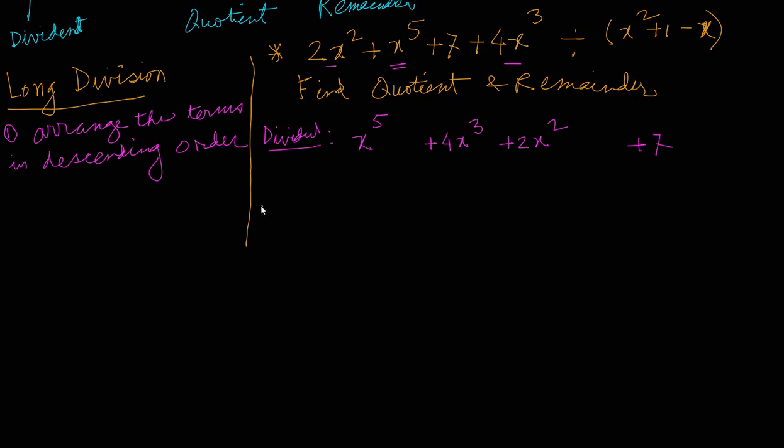Here, the highest power is x square, so I'm going to write x square, and then the next power is negative x, so negative x, and then plus 1. So this is my step number 1, arranging the terms in descending order.